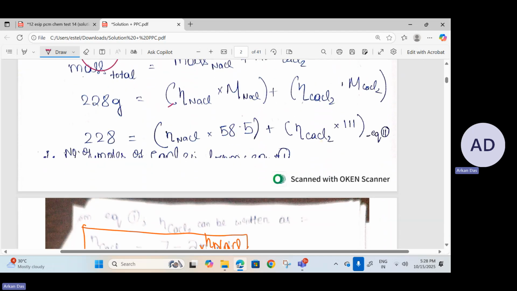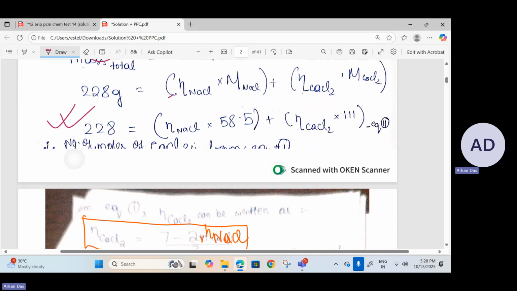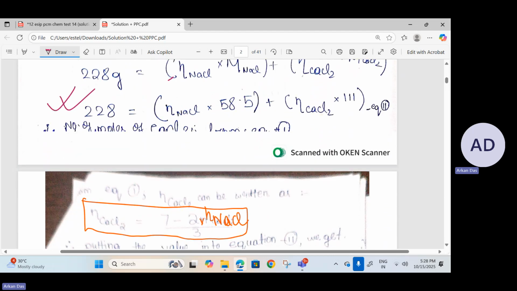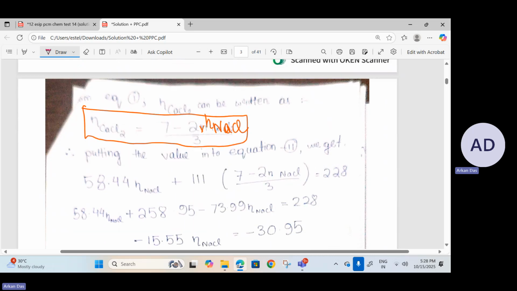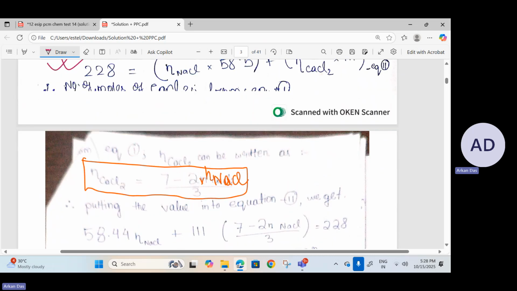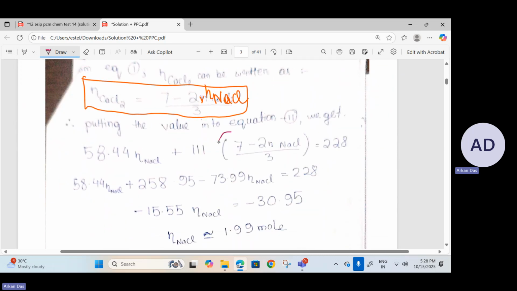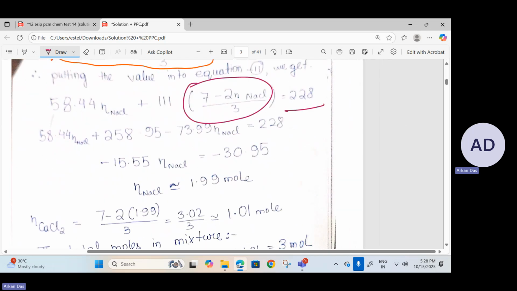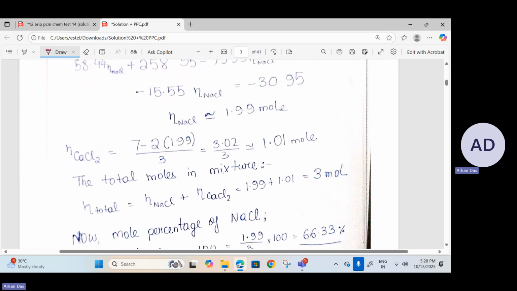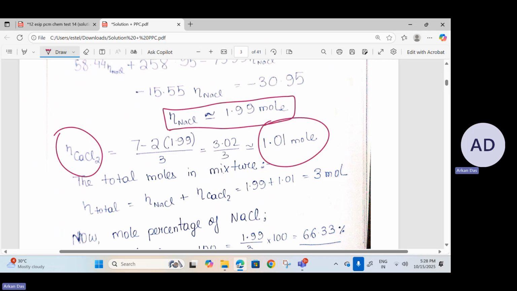If you formulate the equation, you get 228 equals number of moles of NaCl into 58.5 plus number of moles of CaCl2 into 111. Now, if you put in the value of number of moles of CaCl2, which we just found, and equate it to 228, and solve, you will get the number of moles of CaCl2 to be 1.01 mole and number of moles of NaCl to be 1.99 mole.